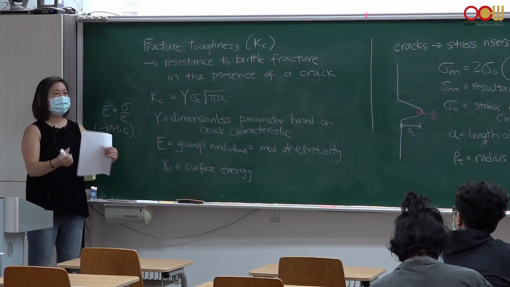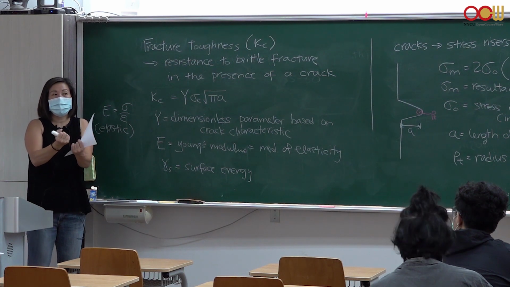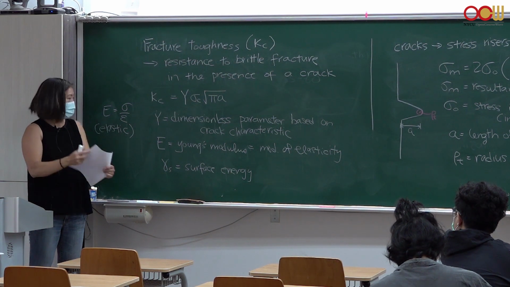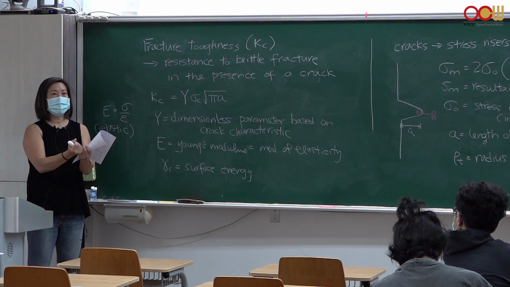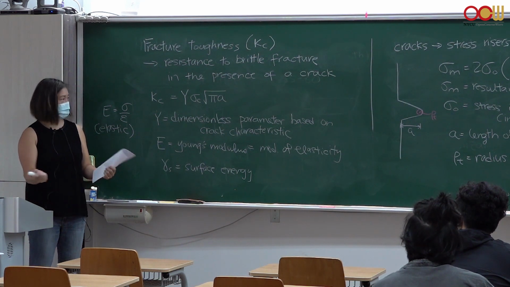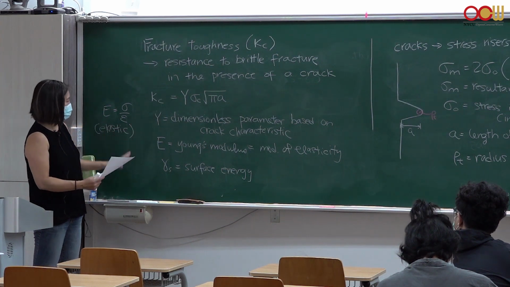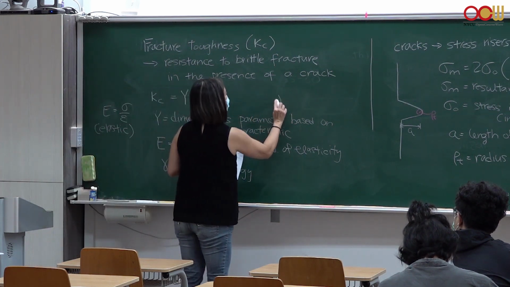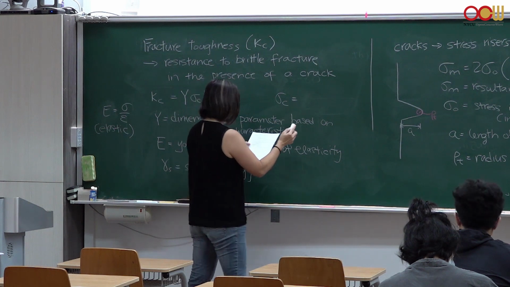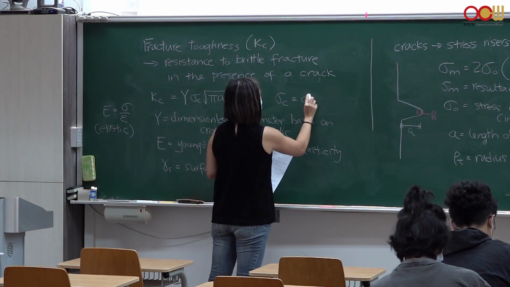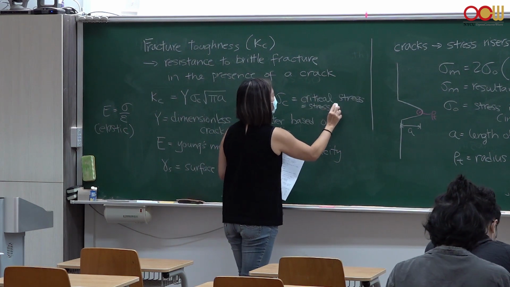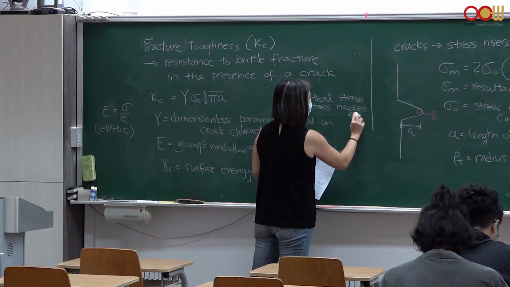So Young's modulus tells you how difficult it is to stretch the bonds. Surface energy tells you how much energy it takes to break the bonds. And then it depends on the crack shape. Oh, and then sigma C is the critical stress, the stress needed for crack growth.